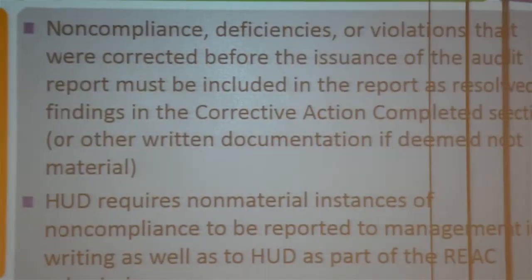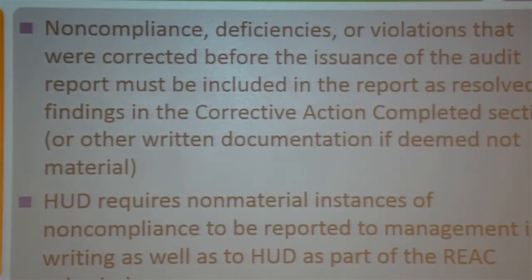So that's where we sit. Now, HUD said further, and this is a little more of a problem for a lot of owners, if noncompliance is detected in the year but was corrected before the issuance of the audit report, it is still a finding. So there you go. If you detect noncompliance that happened and it was corrected, it's still a finding.